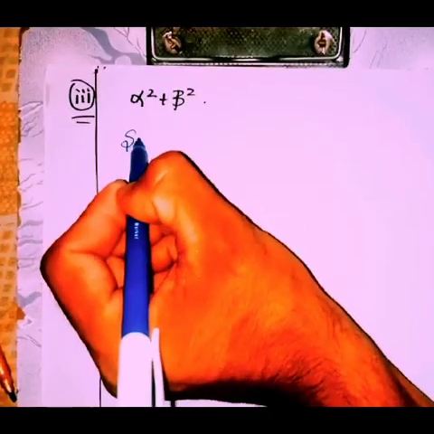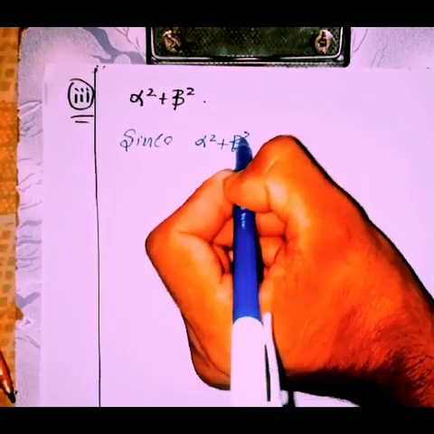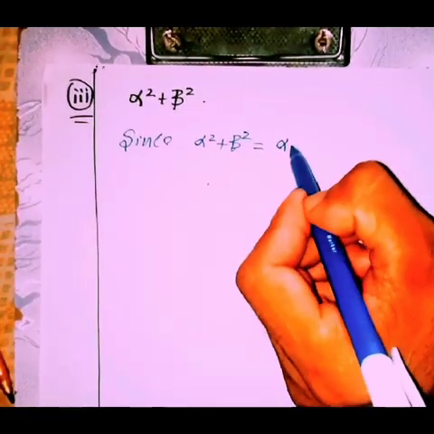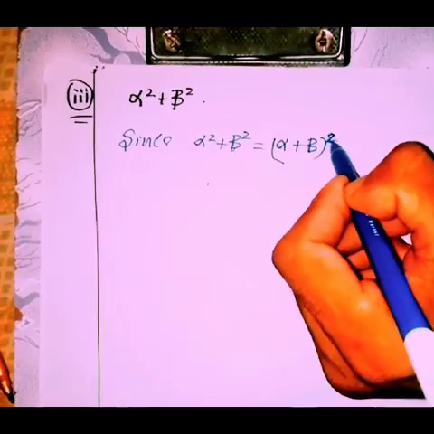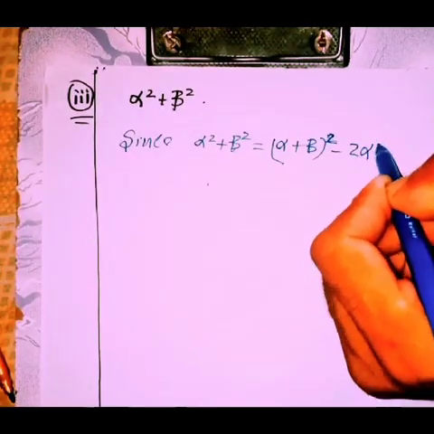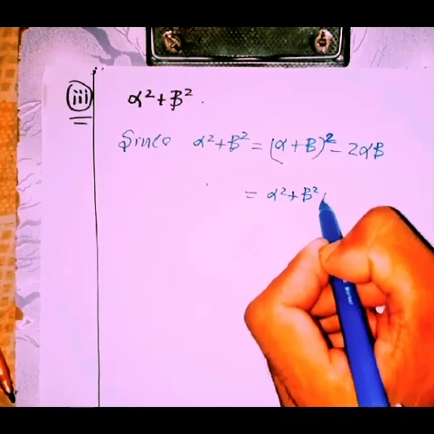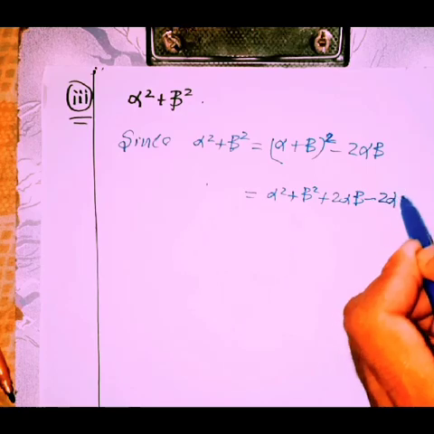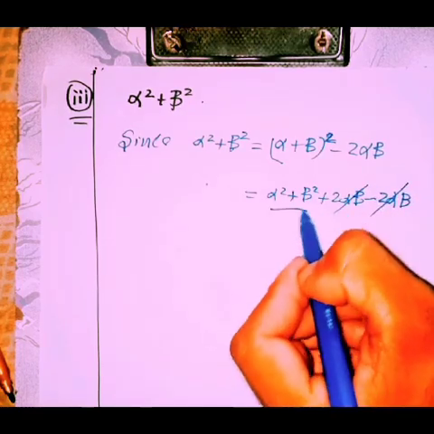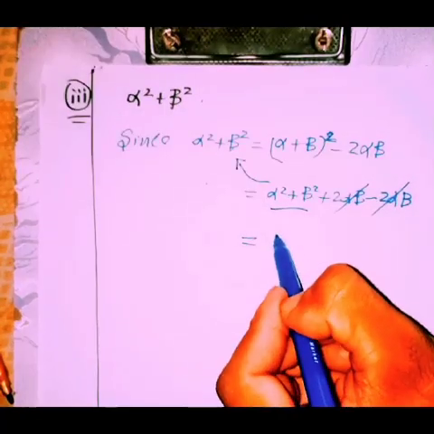Now here we have to discuss alpha square plus beta square. Alpha square plus beta square is equal to alpha plus beta whole square minus 2 alpha beta, because if we apply the square on alpha plus beta, we get alpha square plus beta square plus 2 alpha beta, and then minus 2 alpha beta cancels, so we get again alpha square plus beta square.